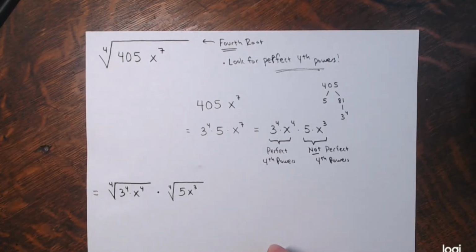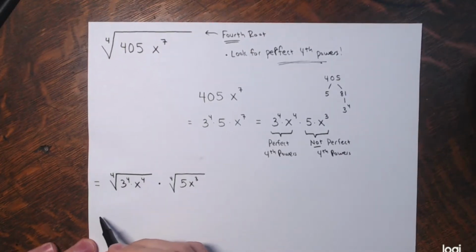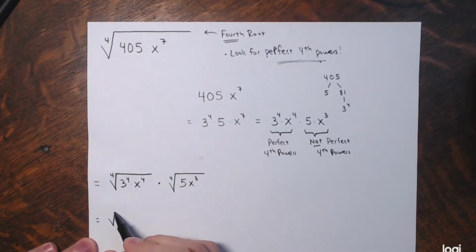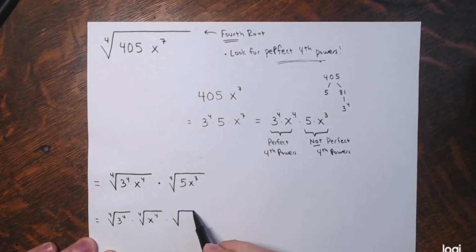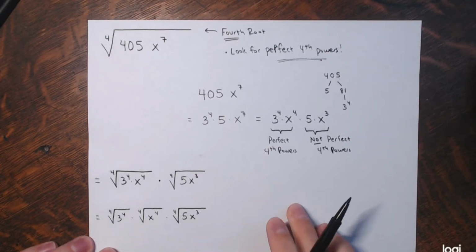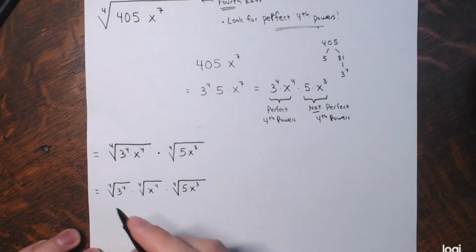Then if you'd like, you can break this up even more. This would be the fourth root of 3 to the fourth times the fourth root of x to the fourth times our fourth root of the non-perfect fourth powers. I'm going to leave the non-perfect powers in their own radical. And then we simplify.